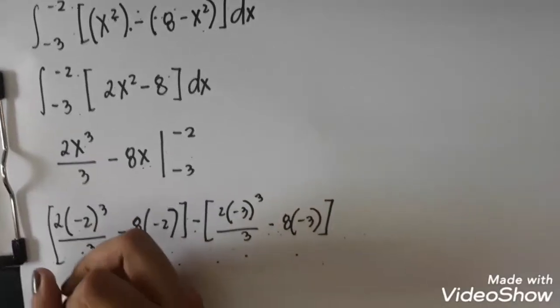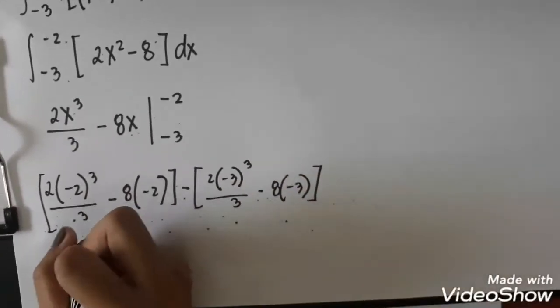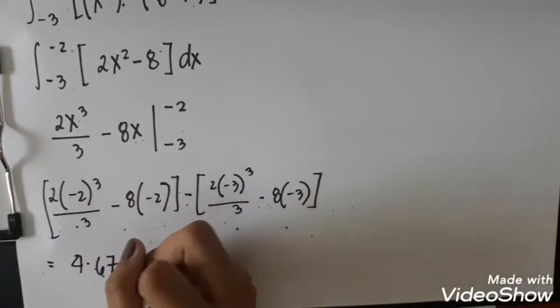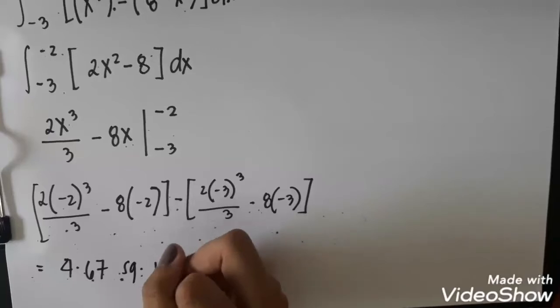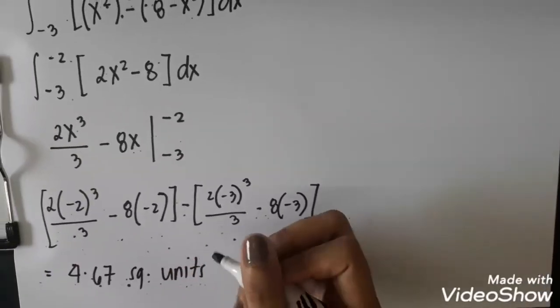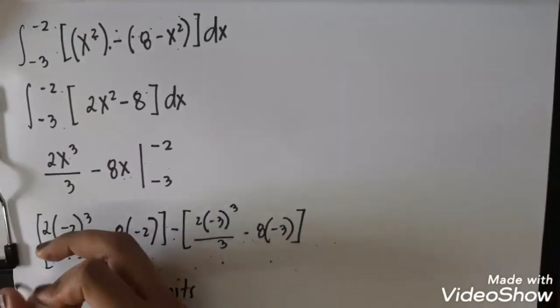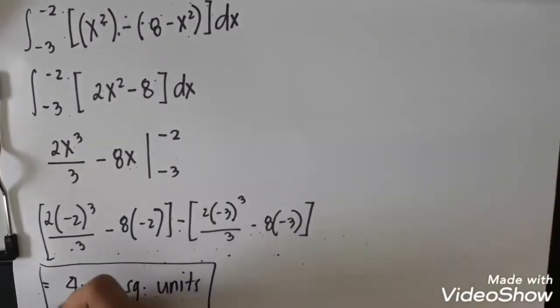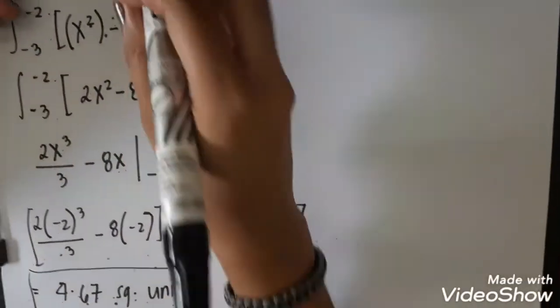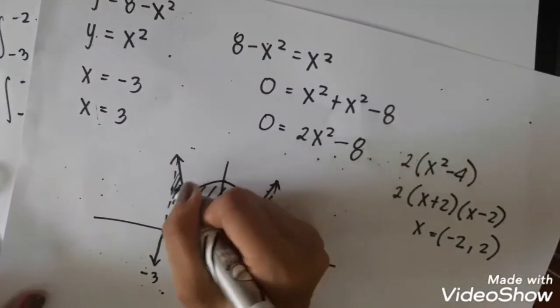We'll get positive 4.67 square units. So this is the area that we're finding for this part.